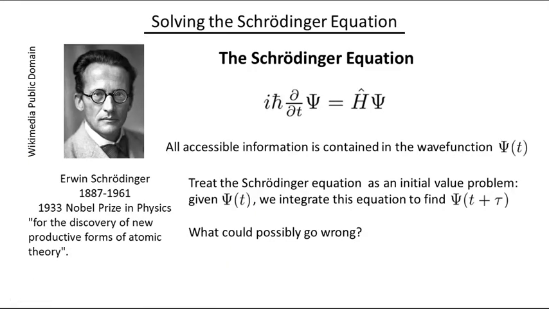Okay, here's the Schrodinger equation, which you've heard a lot about already in the course. Psi is a wave function, H the Hamiltonian operator, i h-bar d psi dt is H psi. And the precept of quantum mechanics is that all accessible information about the state is contained in the wave function.